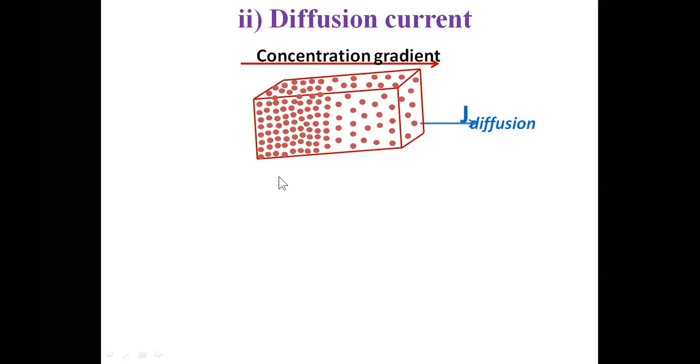Because of this, here high concentration of charged particles is there and here low concentration of charged particles is there. Then this concentration gradient, which is present across the length of this semiconductor, is going to transport the electrons or the holes from the high concentration region to the low concentration region.